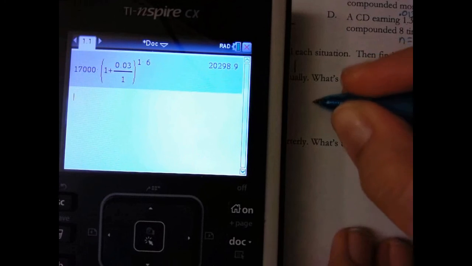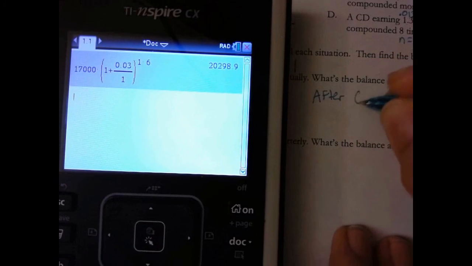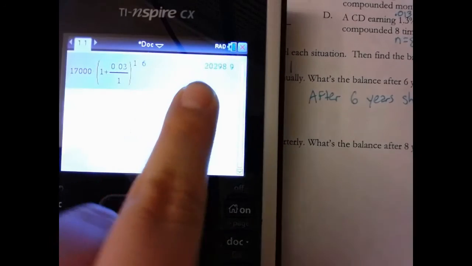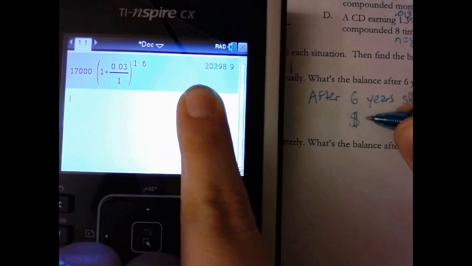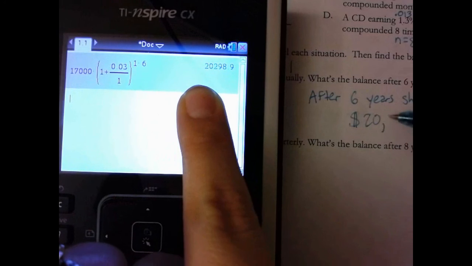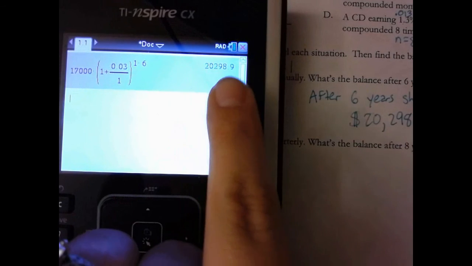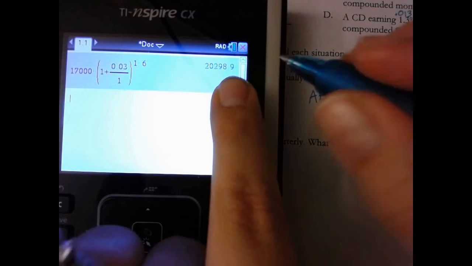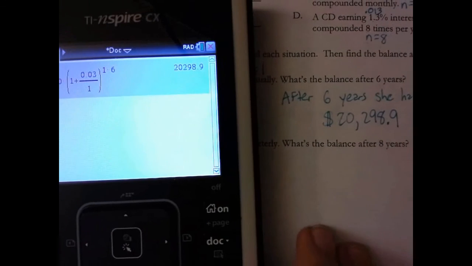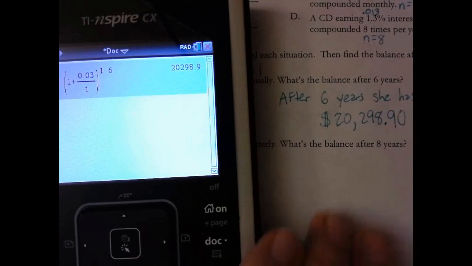After 6 years, she has this amount, which is $20,298.9. But whenever you're talking about money, we need another digit after the decimal, so 0.90.